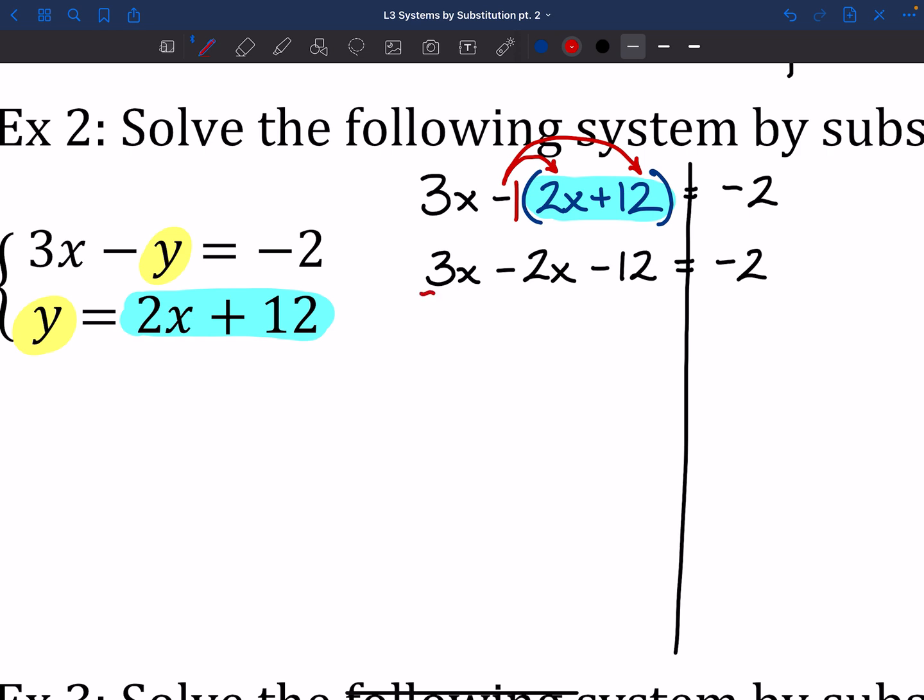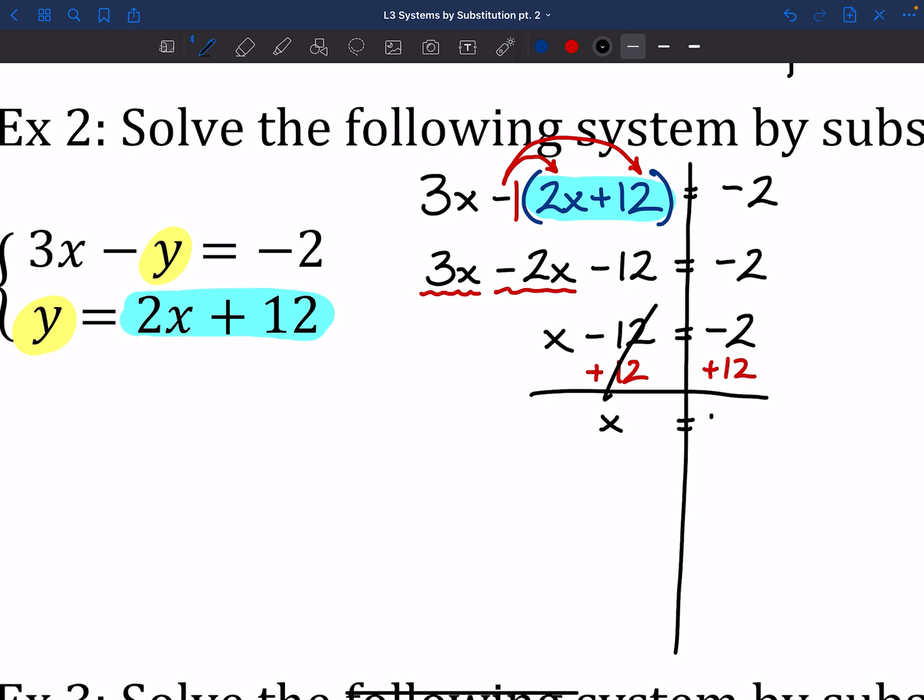All right, next step, I've got these two like terms that I can smush together, right? If I had 3x and then I am subtracting 2x's, I'm left with just a single x. Everything else hasn't changed yet until this step where we move that 12 to the other side. Right? So when we move that 12 to the other side, negative 2 plus 12 is 10.